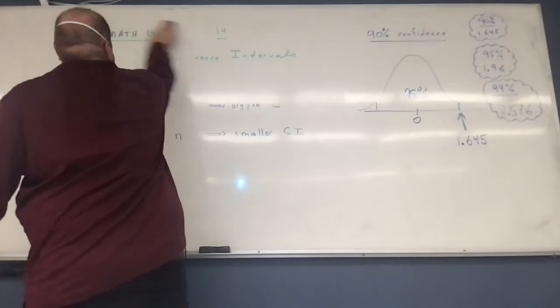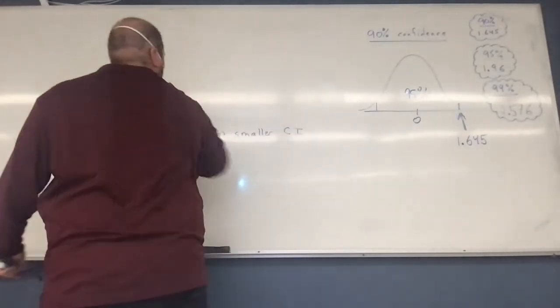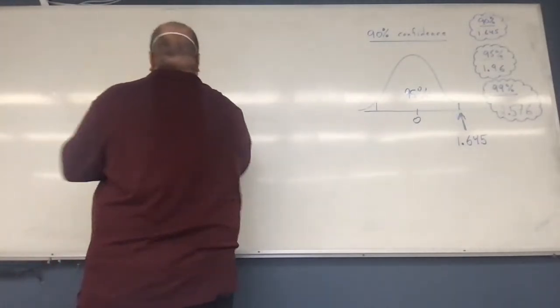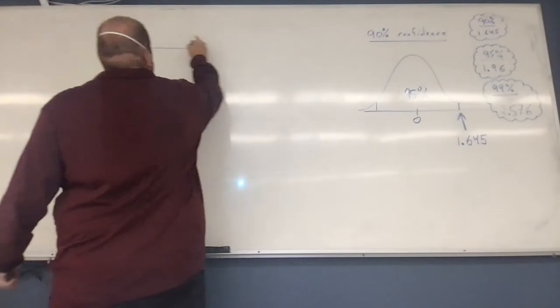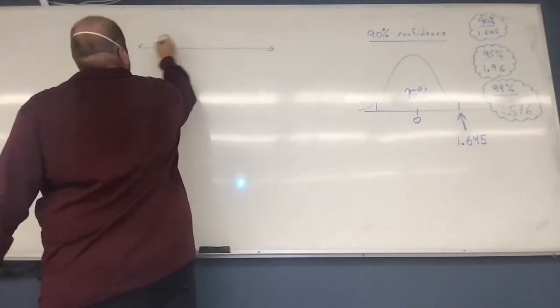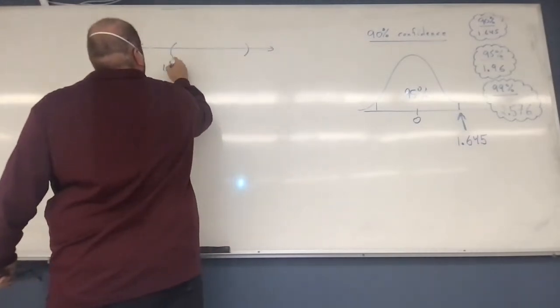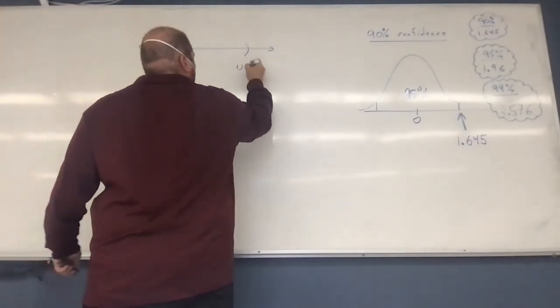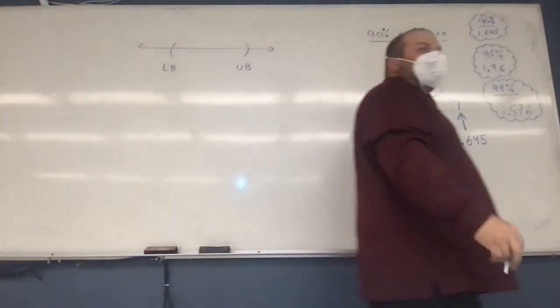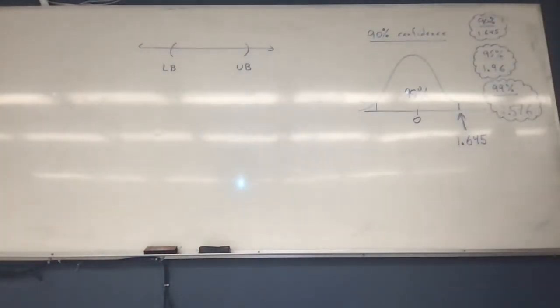So every confidence interval will be an interval. So it's going to have an LB and a UB. What's my LB? What's my UB? What do those stand for?